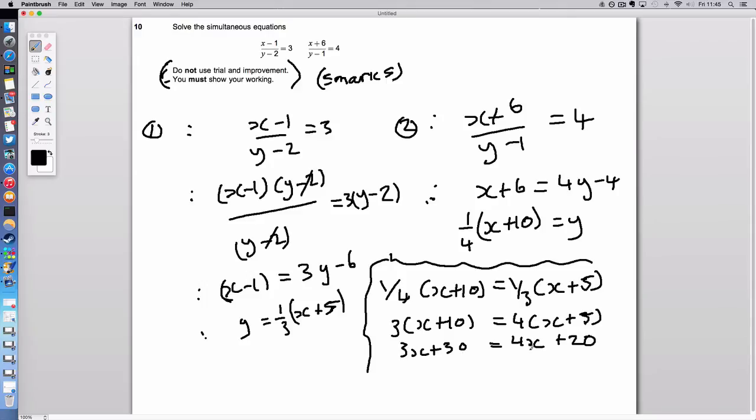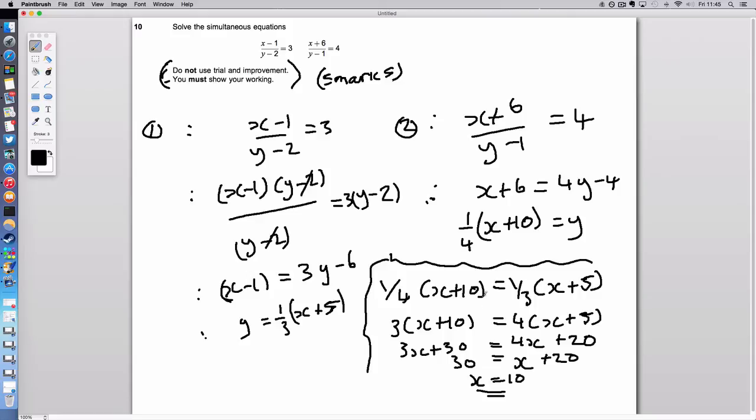Then making x the subject, subtracting 3x from both sides gives us x plus 20 is equal to 30. What value of x would make this true? Well, x must equal 10. So we have our value of x.